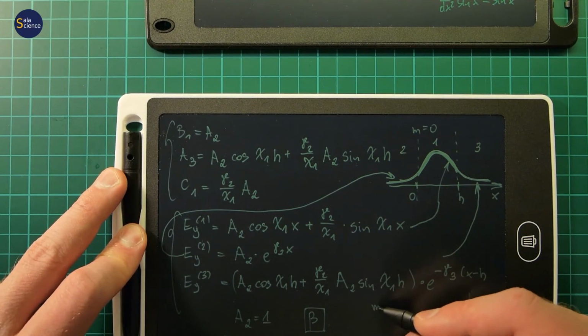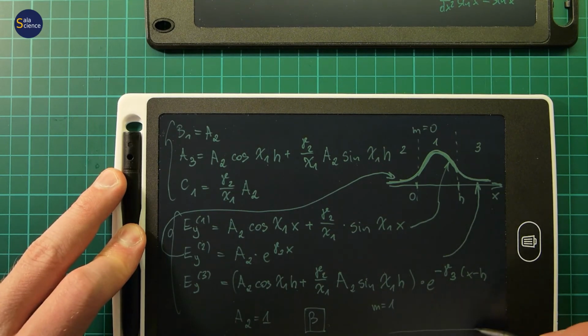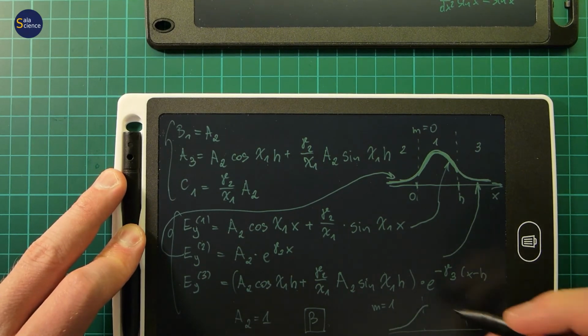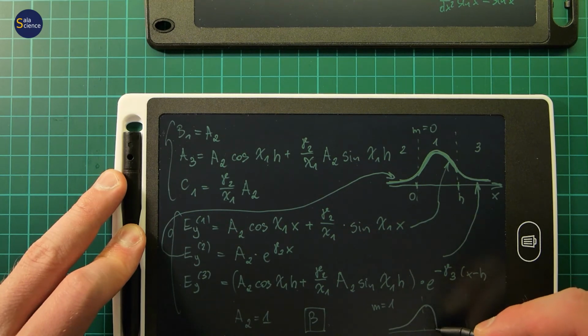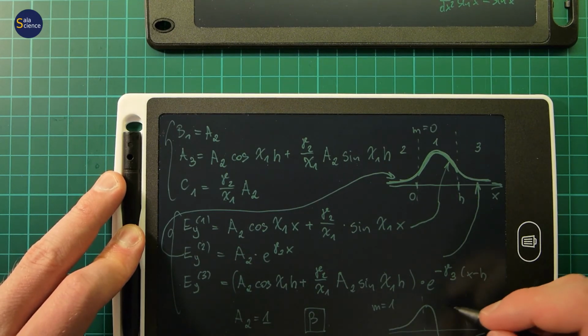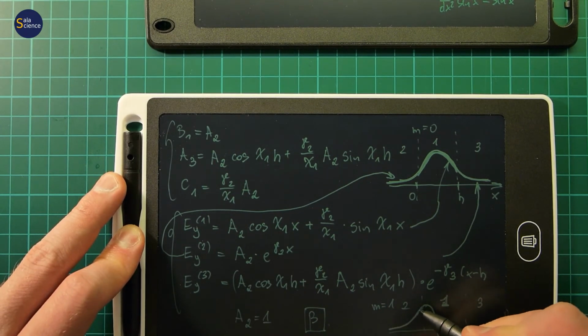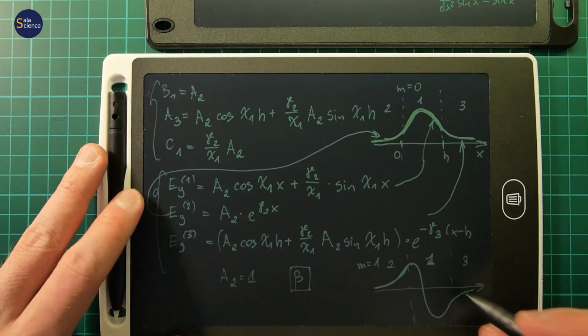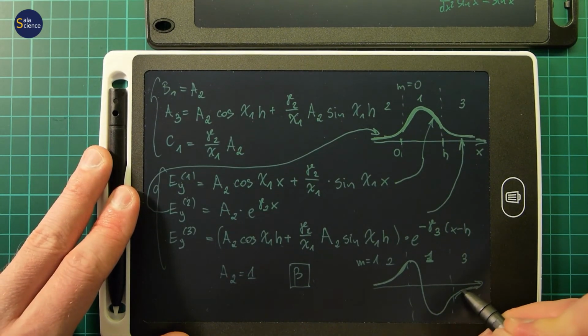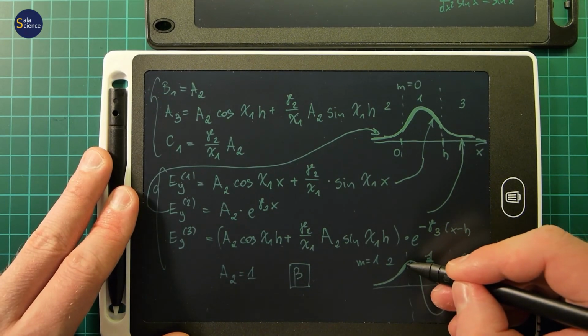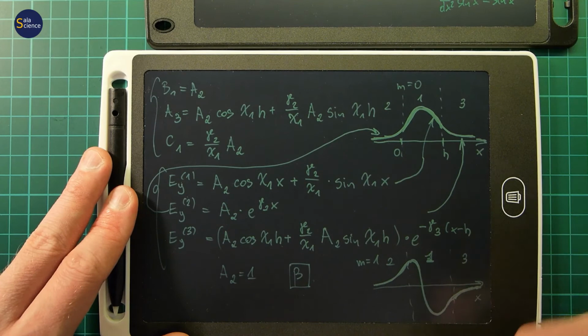For m equal to 1, it looks slightly different. But once again, in this first region, second, third, we have exponential decay in the substrate, exponential decay in the cladding, and some linear combination of sine and cosine functions in the core.